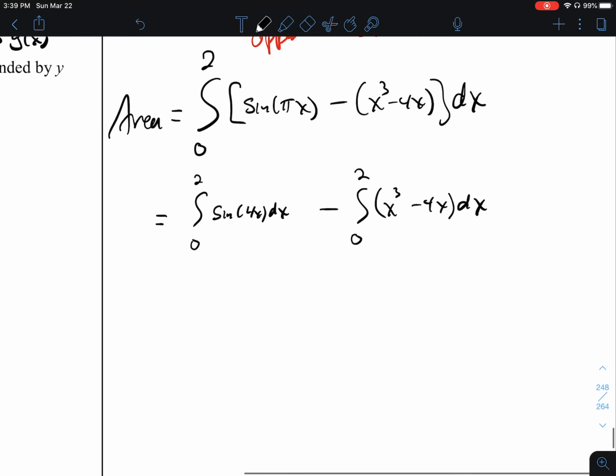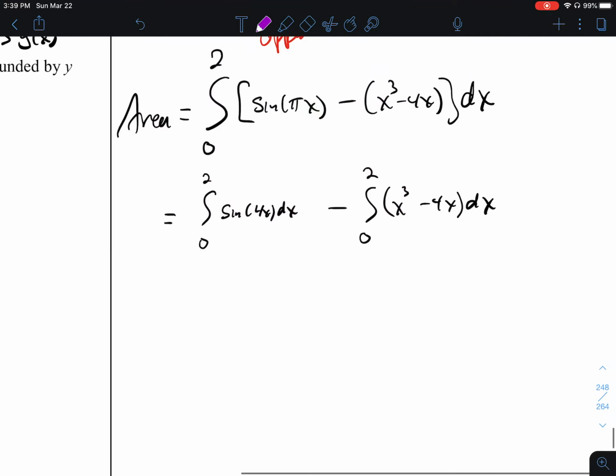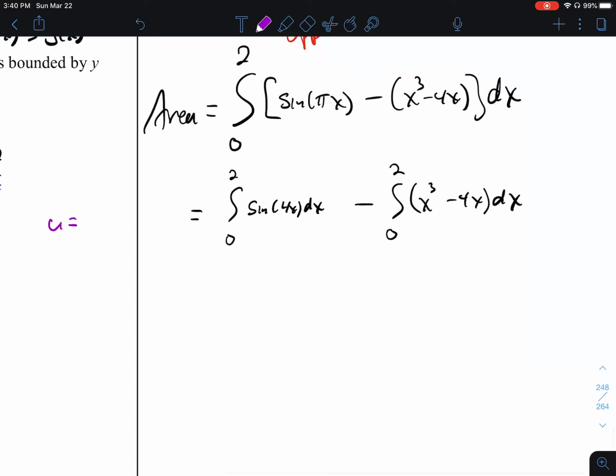It doesn't matter. Integrating this first one directly is going to be difficult. Let's set u equal to sine of 4x, which makes du over dx, got to use a chain rule here. Derivative of sine is cosine, inside stays the same, times the derivative of the inside, that would be 4. You know what?